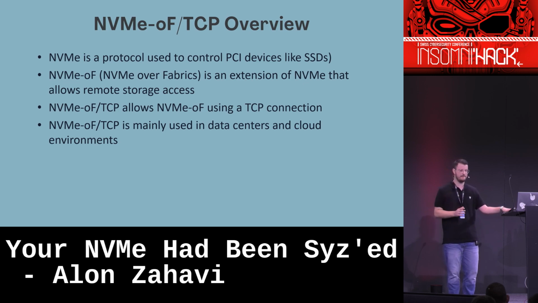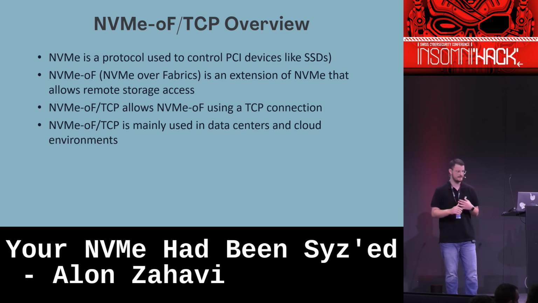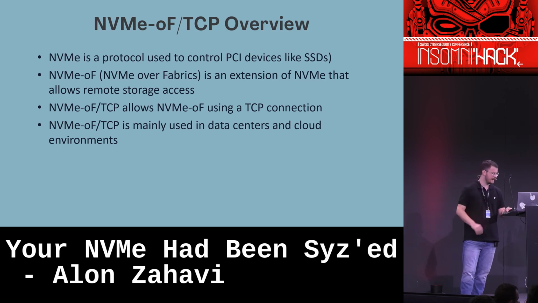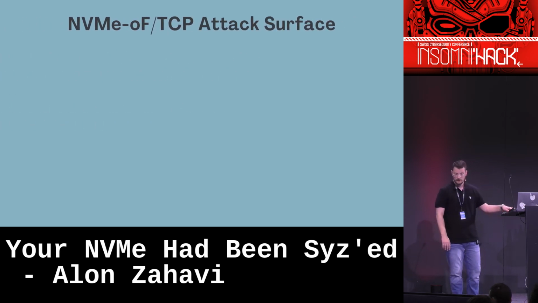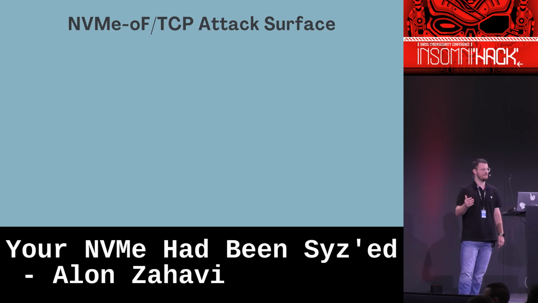Today, NVMe over TCP is mainly used in data centers and cloud environments, and it's a growing technology developed by Dell, NVIDIA, Lightbits, and much more, and is part of the Linux kernel since version 5.15. But we're here to talk about offense.